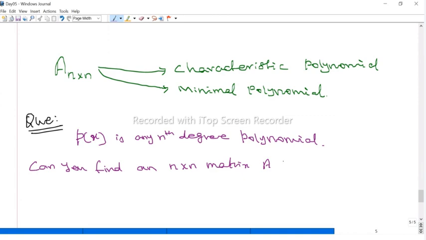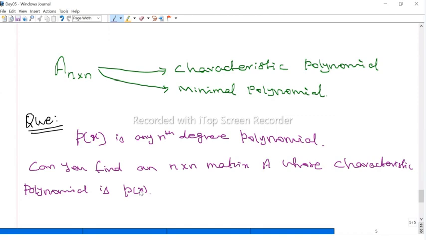Or even if you take minimal polynomials, can you find a matrix whose characteristic polynomial is the given p of x? Is it possible? Or you can ask the second question, whose minimal polynomial is also the given p.